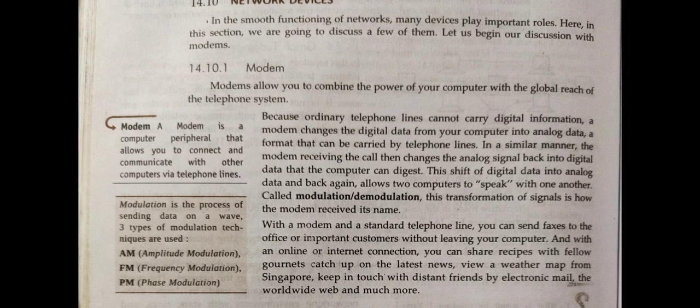There is a modem in between which does the modulation and converts the analog signal into digital signals and then sends it to the computer. That is why the direct wire coming from the BSNL gets connected to your modem, and from the modem another wire comes to your computer. So the analog comes into the modem, is converted to digital, and gets into your computer.